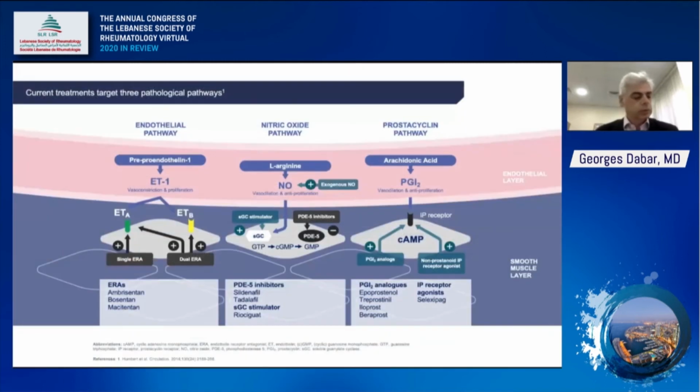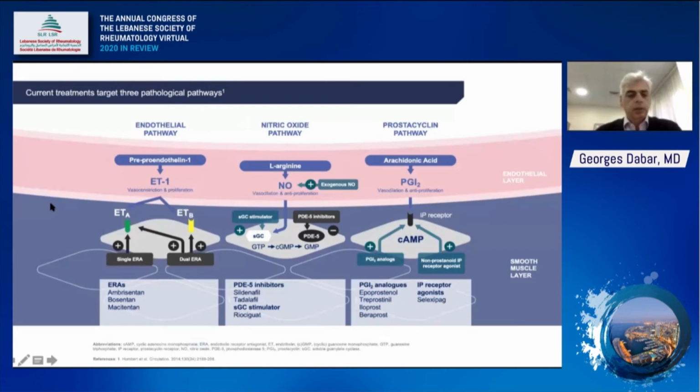So let's go to the pharmacological treatment. The pharmacological treatment considers 3 pathways: the endothelin pathway, the nitric oxide pathway, and the prostacyclin pathway.